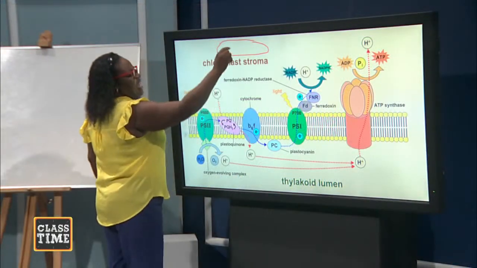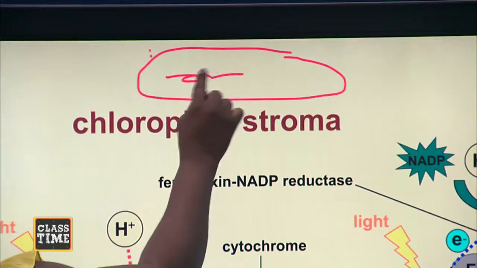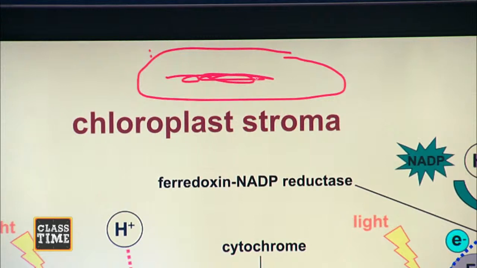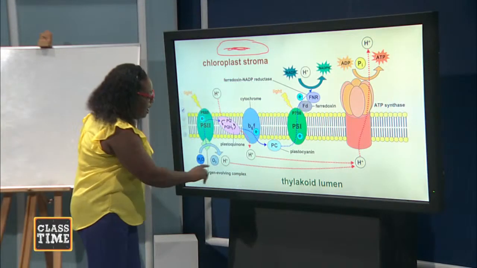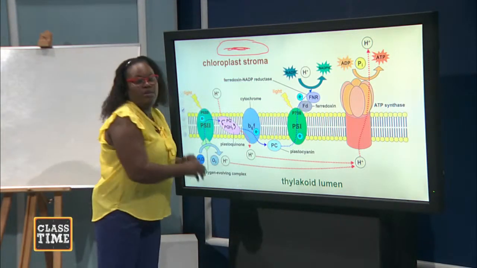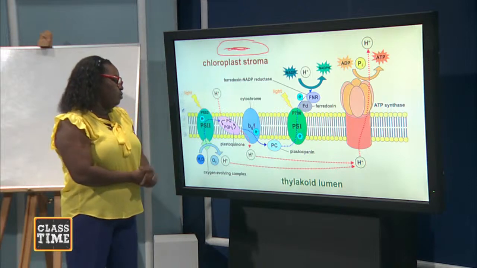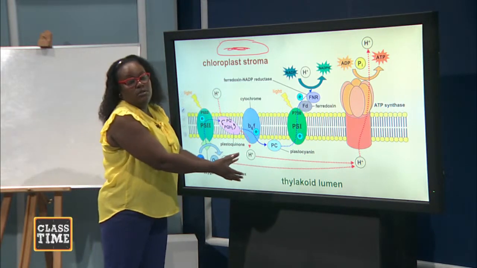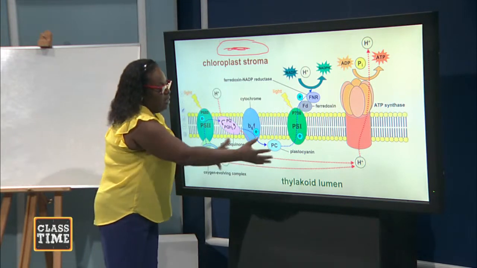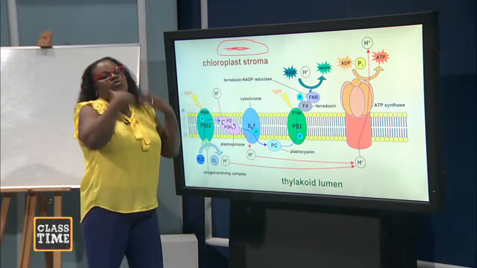But all of the space inside the thylakoid membrane is just empty space, and this is where all of the hydrogen ions that are made from the splitting of the water molecule will be collected. So you end up with a whole bunch of hydrogen ions in the space, and they want to come out.